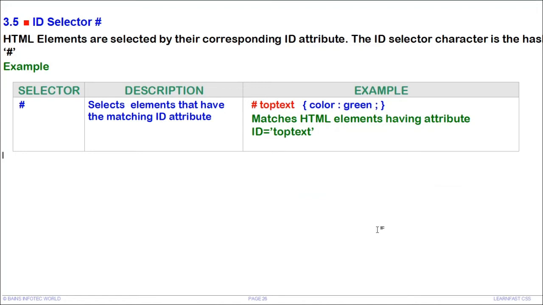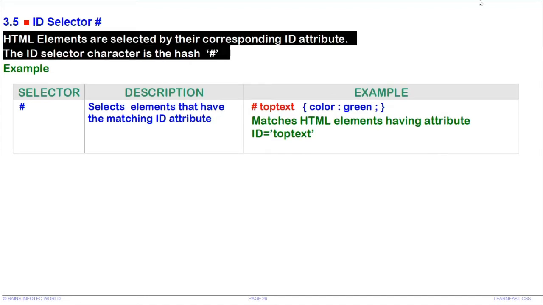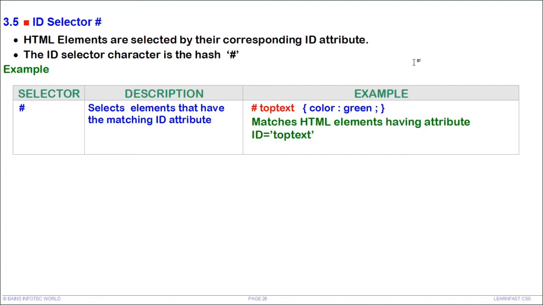The ID selector, as mentioned before, is a hash symbol, and it selects the HTML element according to the ID value. So we have hash, which selects elements that have the matching ID attribute.